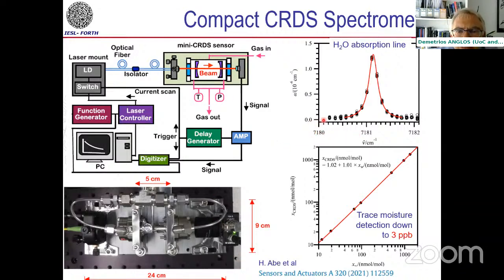The data which we see on this spectral line refer to water, and again, this is a rotationally resolved line of a vibrational overtone transition, a beautiful calibration curve of the cavity ring down signal over the reference sample, and the capability of the technique goes down to a few ppb capacity to detect moisture in air or in other gaseous environments.